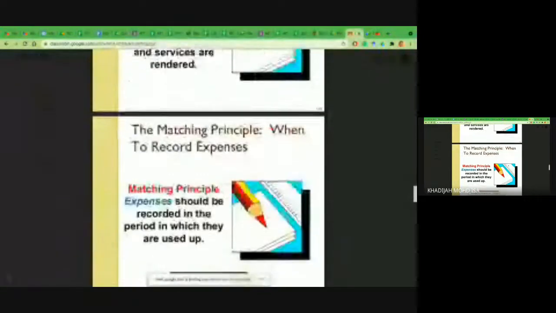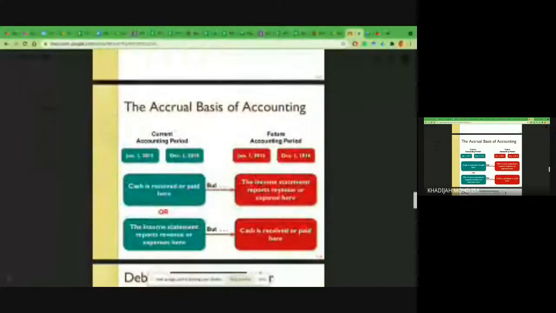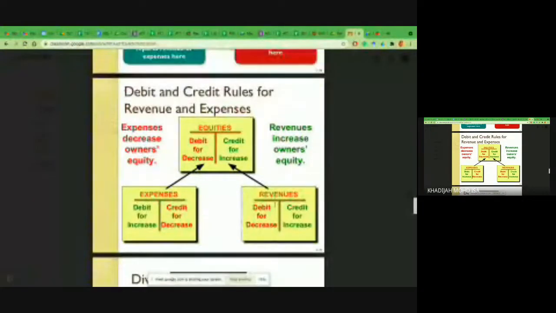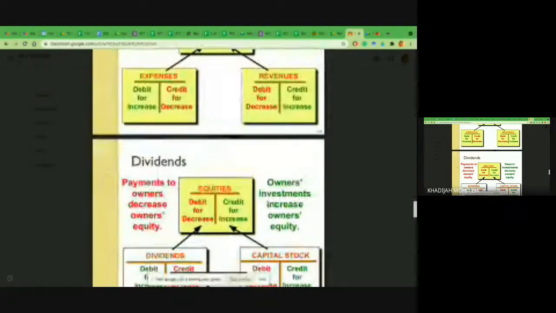That is the matching. If you have the revenue, what are the expenses incurred to generate that revenue? Revenue is always a credit because that increases your owner's equity. Expenses are on the debit side because expenses reduce your owner's equity.